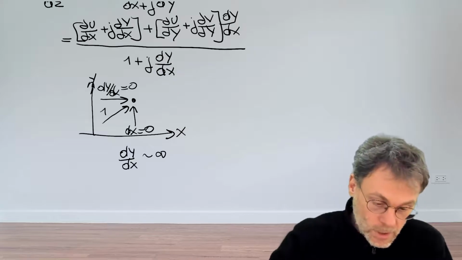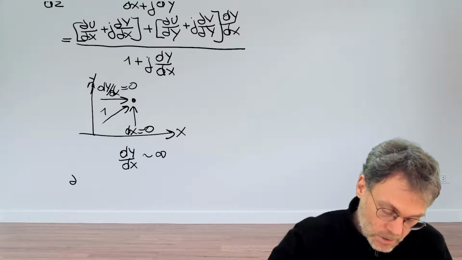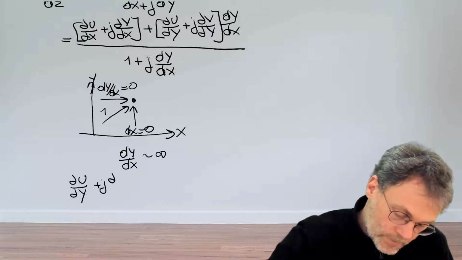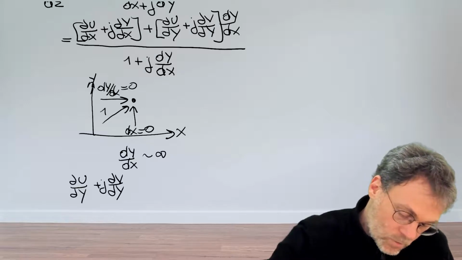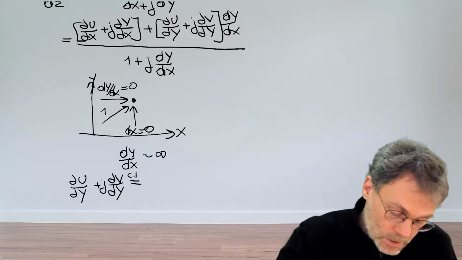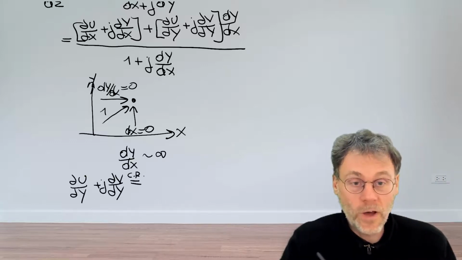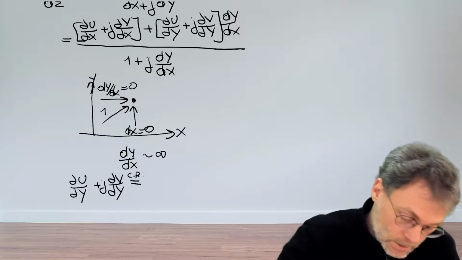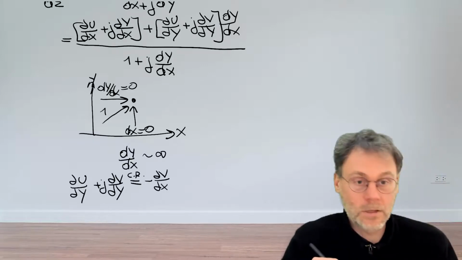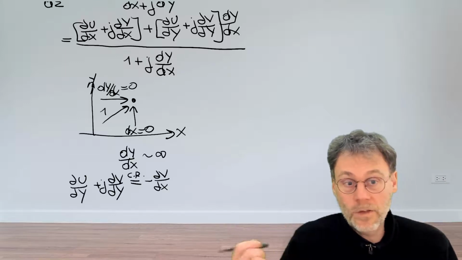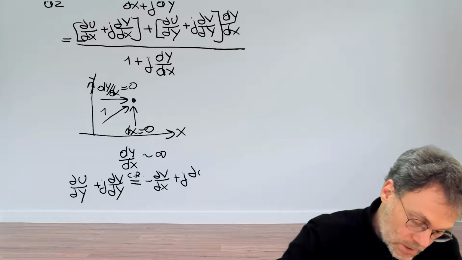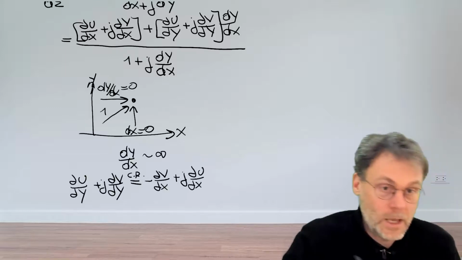What we're going to do is have a look at du dy plus j dv dy. If you look at the Cauchy-Riemann conditions, you will find that du dy is minus dv dx, okay? And then dv dy is du dx. So here we have plus j du dx.